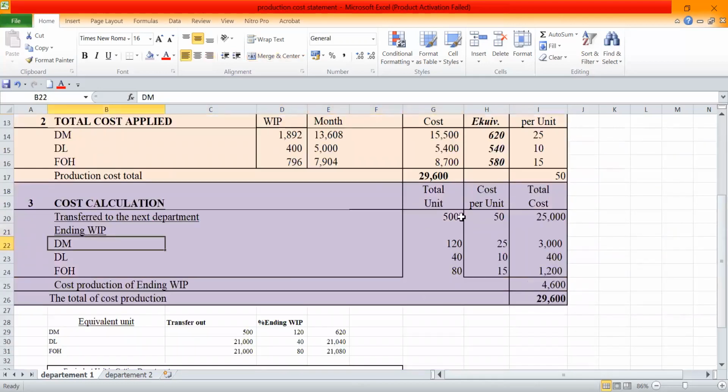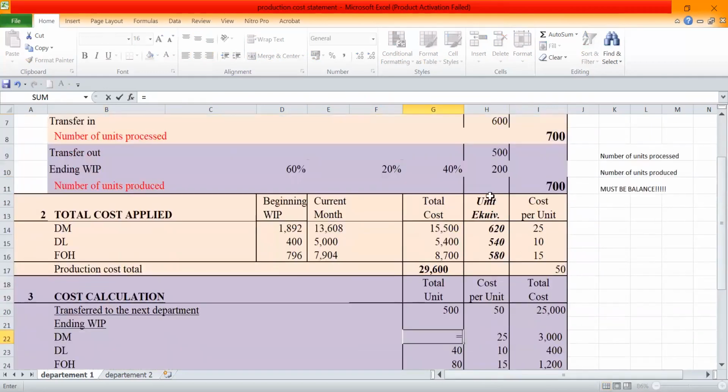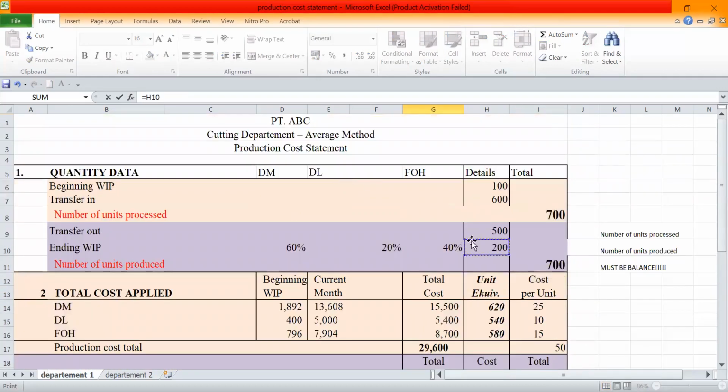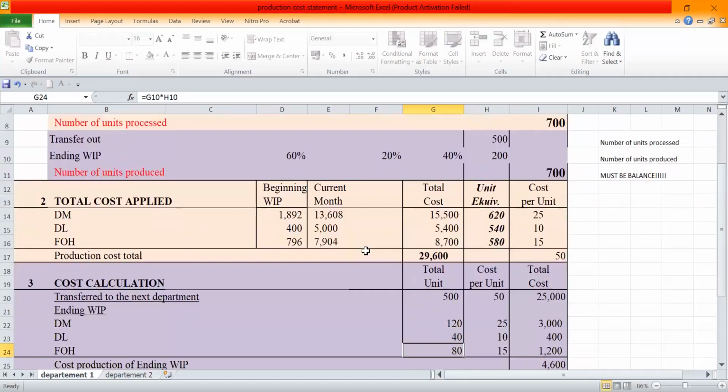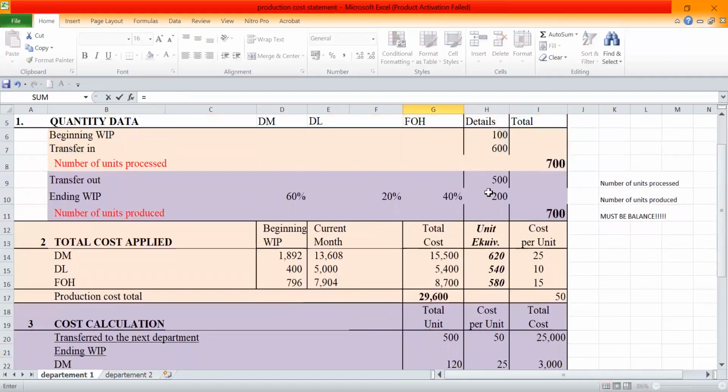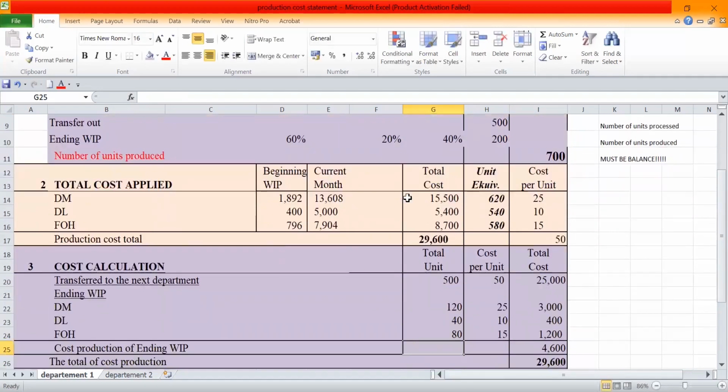So for the direct material in here, we have 200 multiplied by 60%. And then for the direct labor, 200 multiplied by 20%. And the last one, the 200 in here will be multiplied by 40% for the factory overhead.